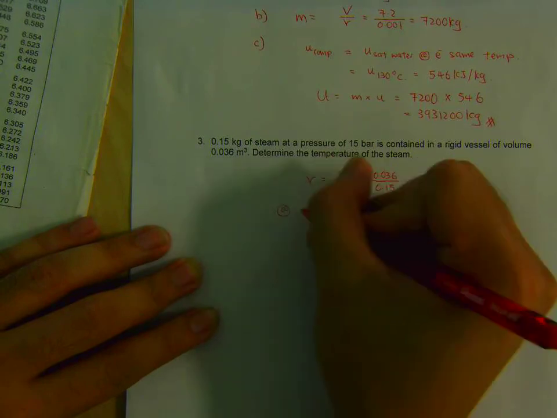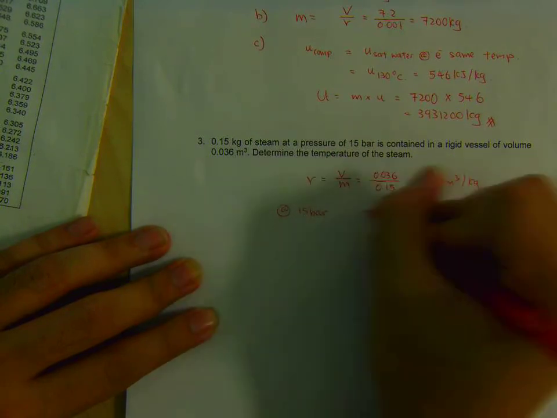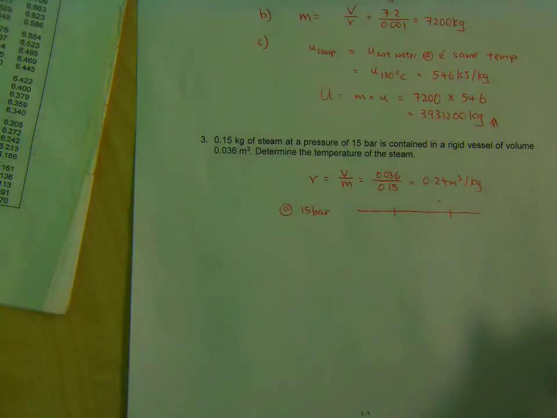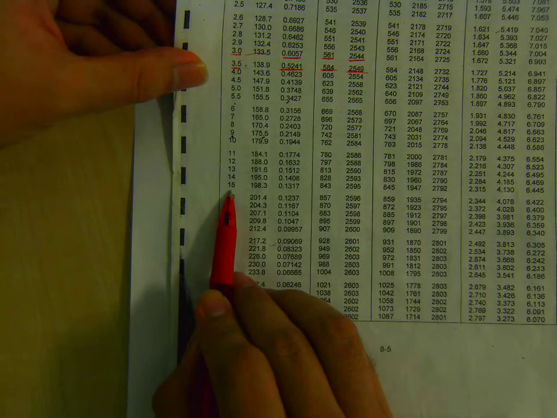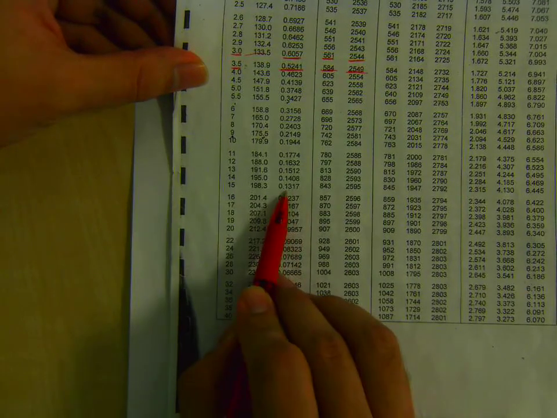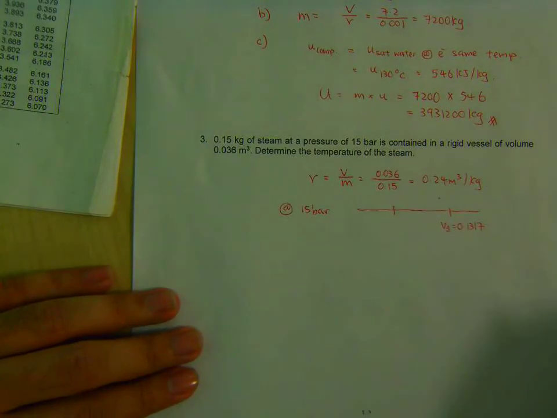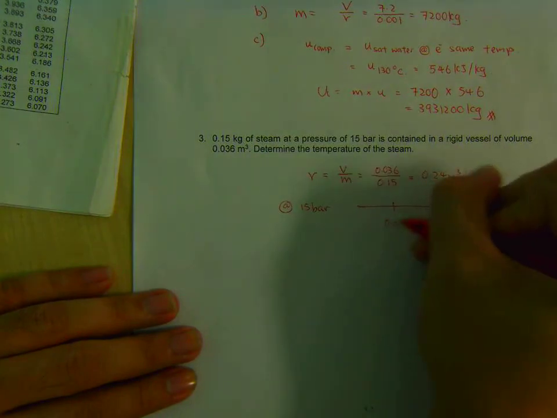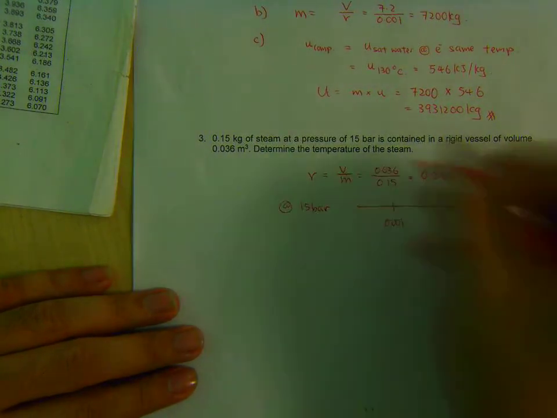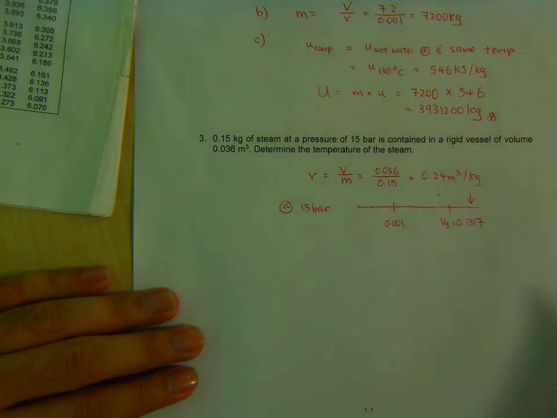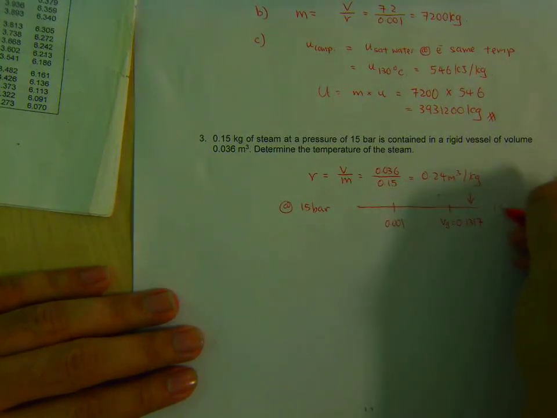So at 15 bar, you can draw the number line. Let's go to 15 bar. The vg is 0.1317, and vf is 0.001. So 0.24 is somewhere around here, so we can safely conclude that this is superheated.